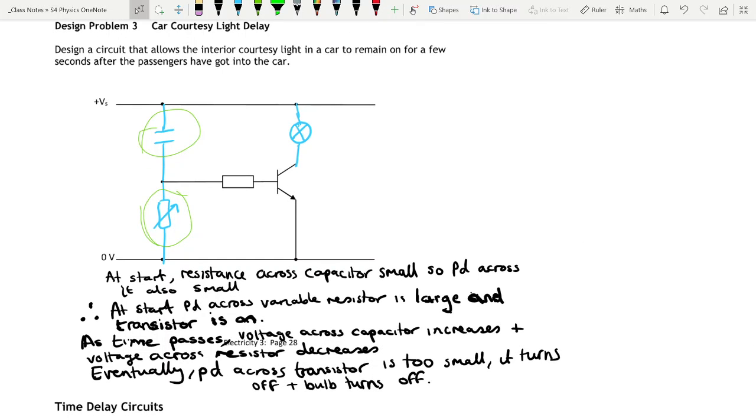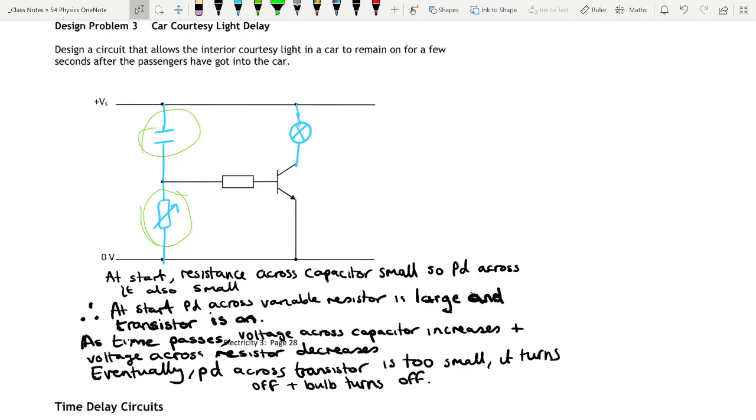So remember capacitors, the charge across them increases, so the voltage across them increases with time. So at the very start, the voltage across the capacitor is really small. So the voltage across the variable resistor is large and the transistor is on, so that bulb is on. It starts off on.